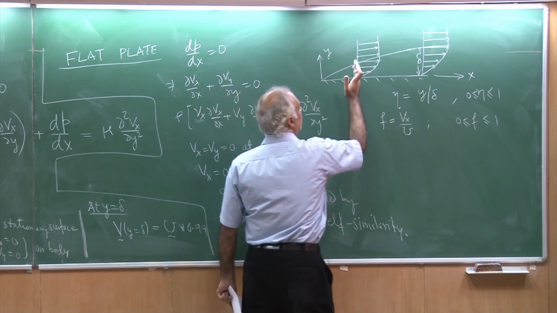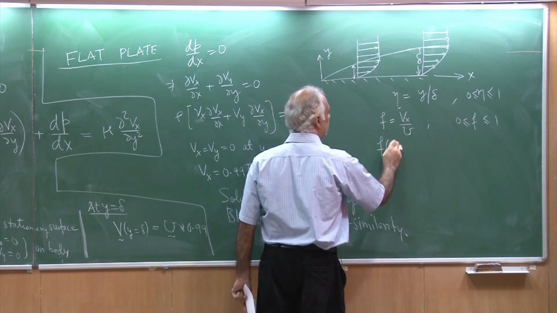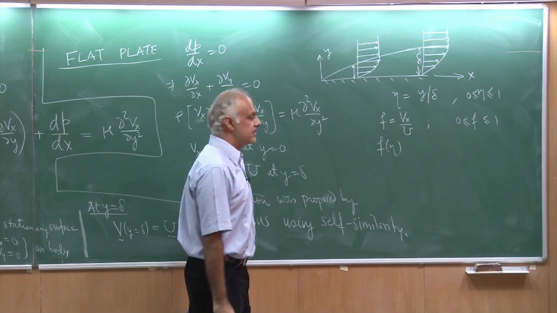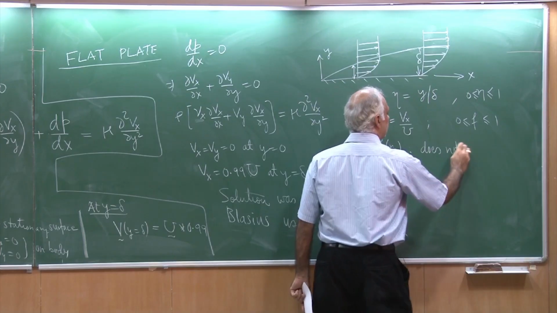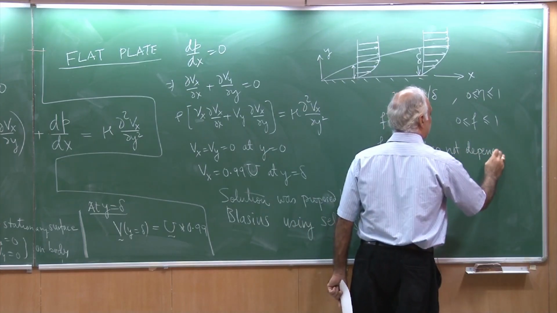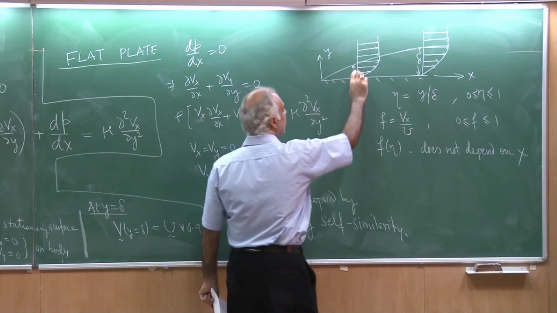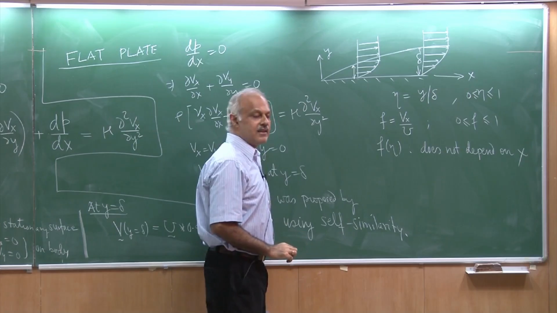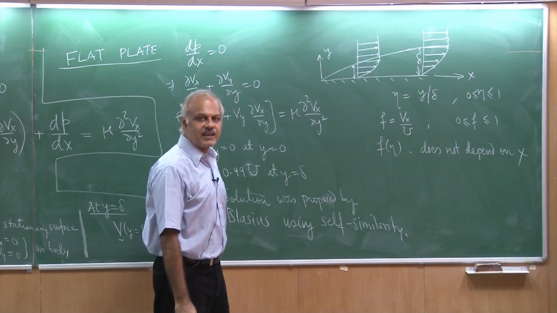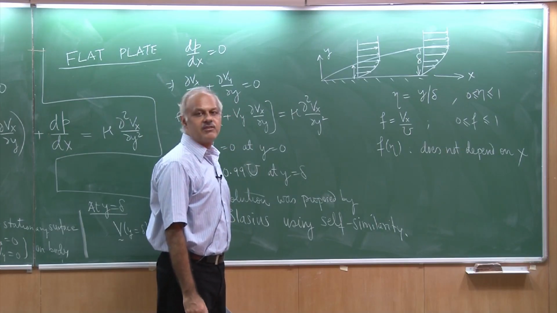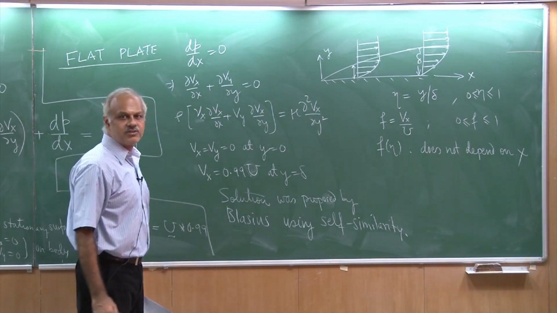He argued that if I plotted this f as a function of eta, then this does not depend on x. So I could get the same profile, a template, and I just keep on expanding it by using a delta, and I can get a profile at different values of x. So that's a very smart thing he did, and he simplified these equations further.